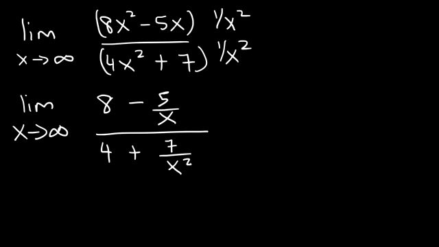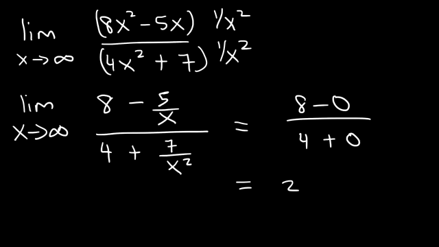Now the limit as x approaches infinity for 5 over x is going to become 0. And for 7 over x squared, that's going to be 0 as well because it's bottom heavy. And so we're going to have 8 divided by 4, which will give us the answer of 2. So that's what you can do if you have a rational function with the same degree on top and on the bottom.